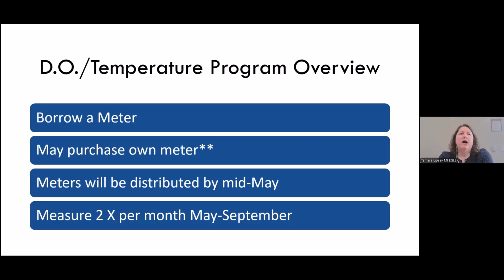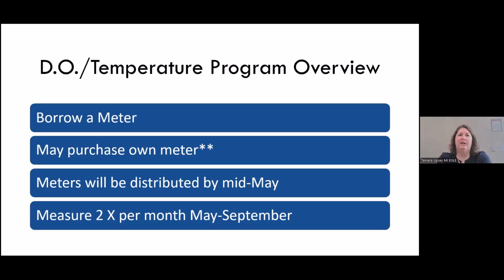If you are borrowing a meter, the meters are distributed by mid-May. So a lot of people picked up their meters at the MLSA conference last week. A few people came to Lansing yesterday and picked theirs up. And I also gave some meters to other people who came to MLSA.